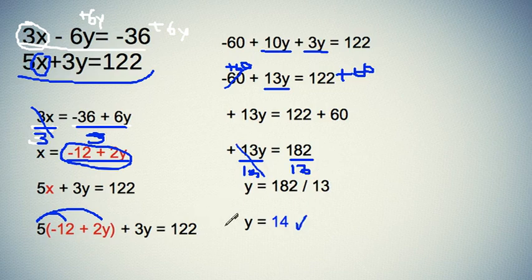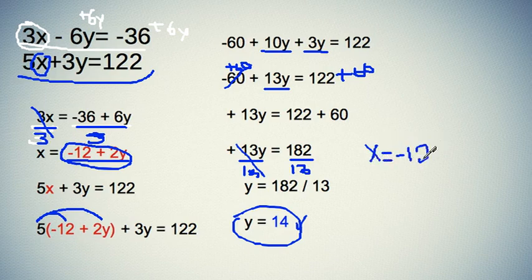Now what's going to be next? I've got the y, but I need to get also the x. So I'm going to write x equals negative 12 plus 2 times 14, which is this. And what do we get? I just substituted this value into this part of the equation because we now know how much y is, and now we can get the value of x.